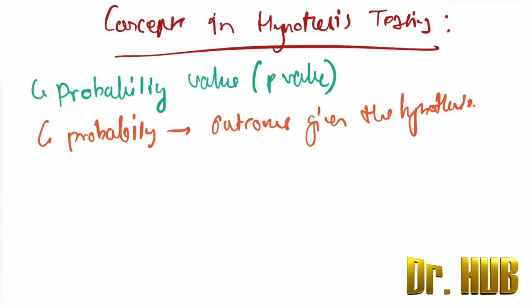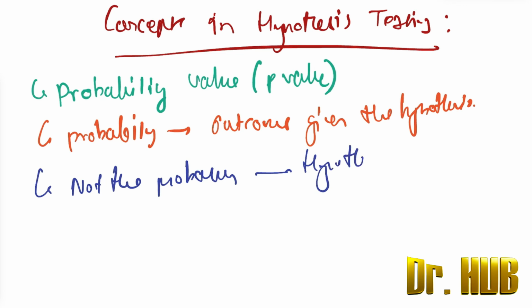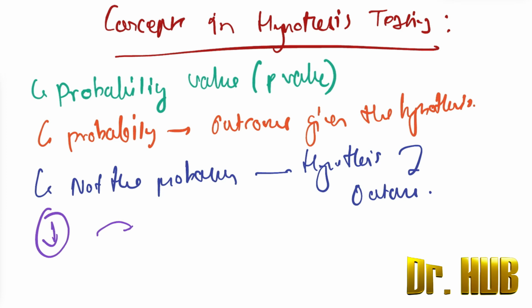It is not the probability of the hypothesis given the outcome, although the probability of the given hypothesis is not ignored. And if the probability of an outcome is sufficiently low, we have evidence that the hypothesis is false.